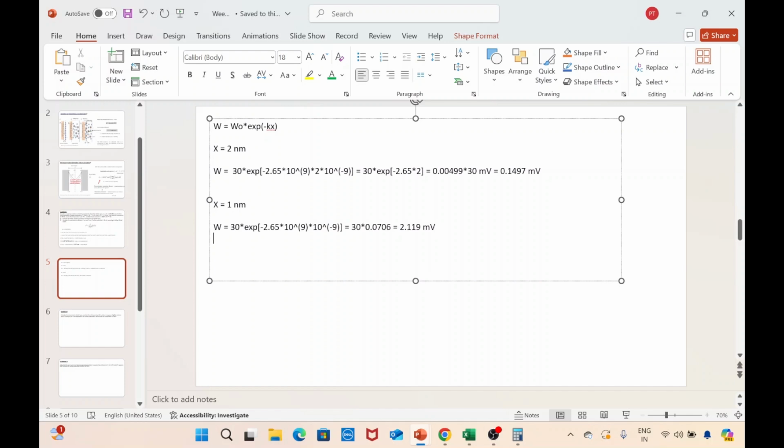Suppose, for example, I take a region which is inside the diffusive layer or the Debye length.